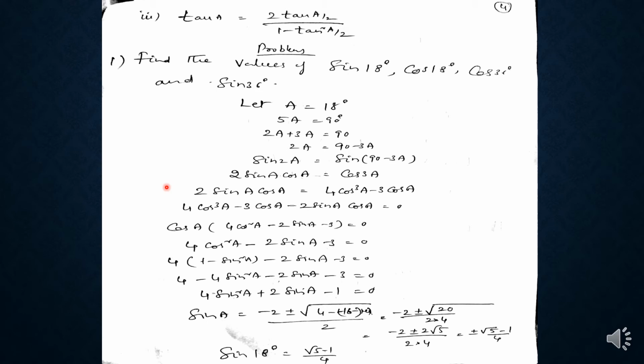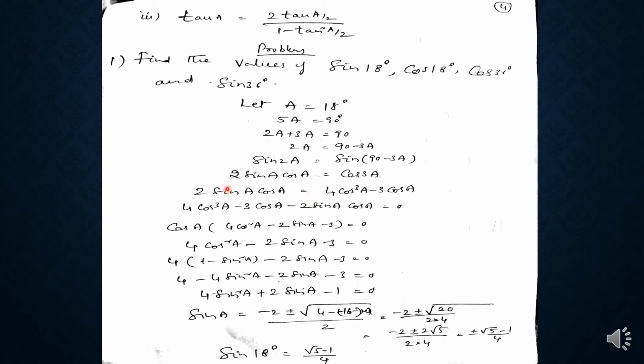So here sin 2A can be written as 2 sin A into cos A, which is equal to sin of 90 minus theta, which is cos theta, that is cos 3A. So 2 sin A into cos A is equal to cos 3A. What is cos 3A? That is 4 cos cube A minus 3 cos A.